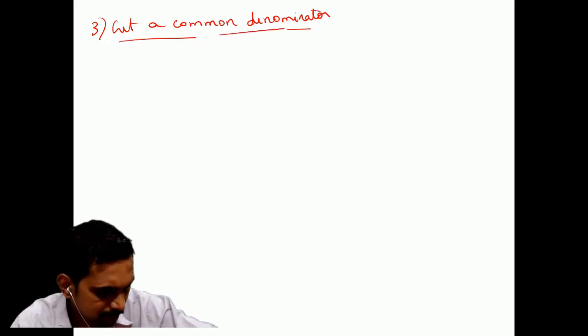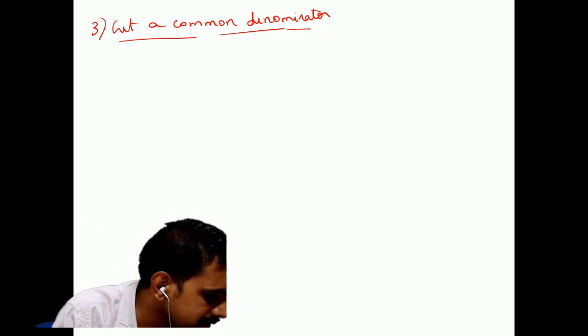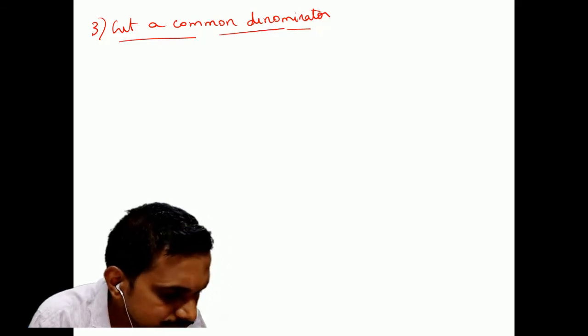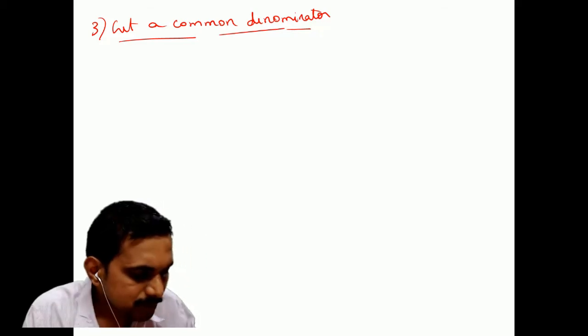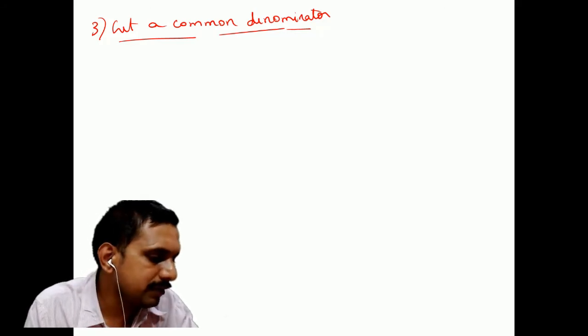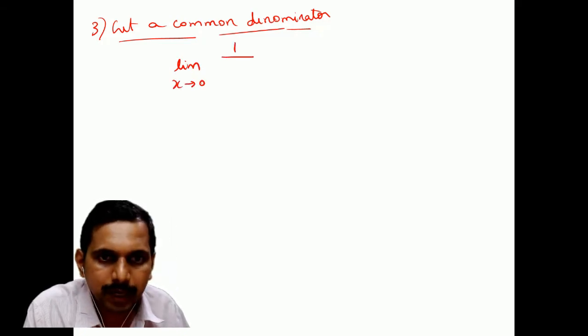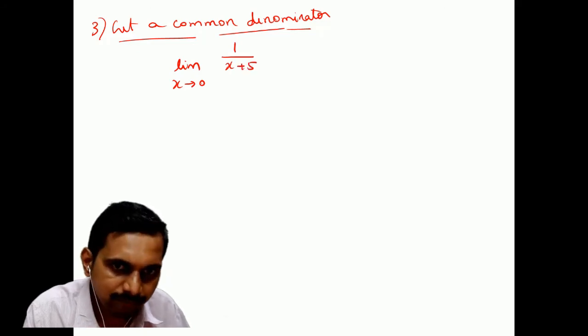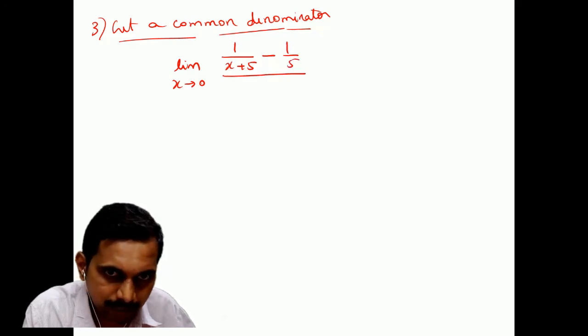Let us see. For example, if I have one function like this: limit x tending to 0 of 1 by x plus 5, minus 1 by 5, divided by x.